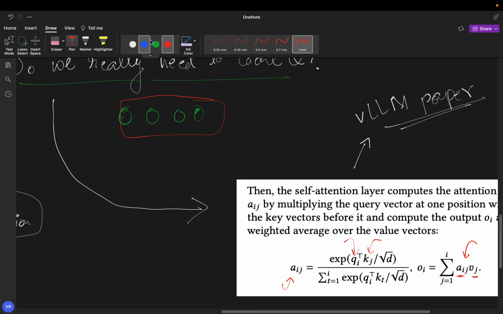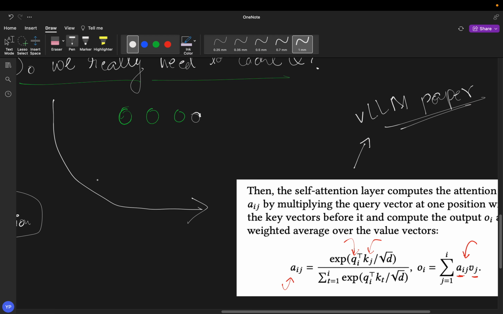Once we generate this token, we again push the whole thing including the new token to generate the next token, and so on, right? So we're only using this to generate the token one by one and then pushing the whole thing again, right?